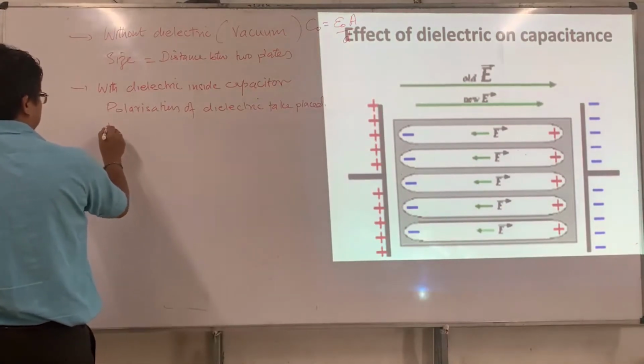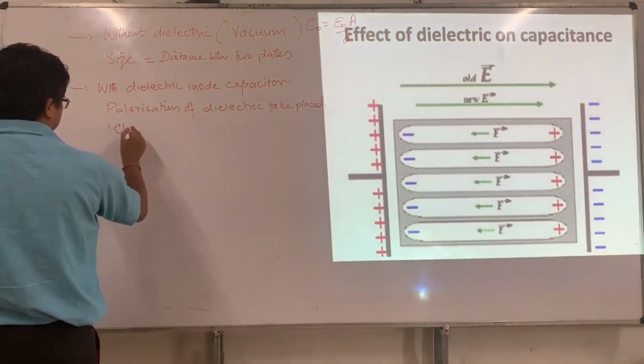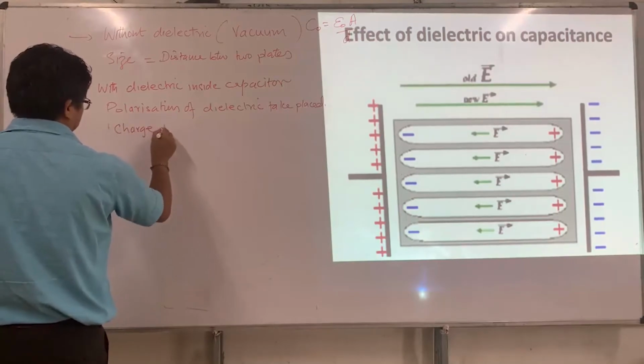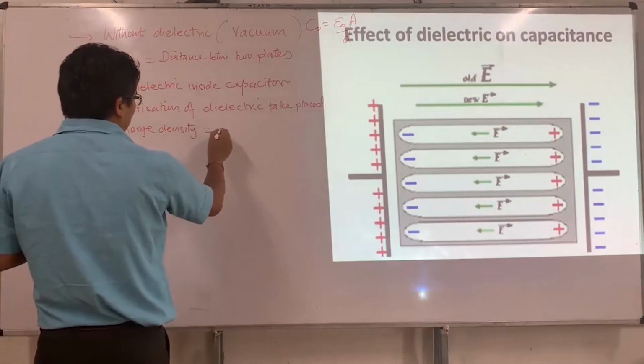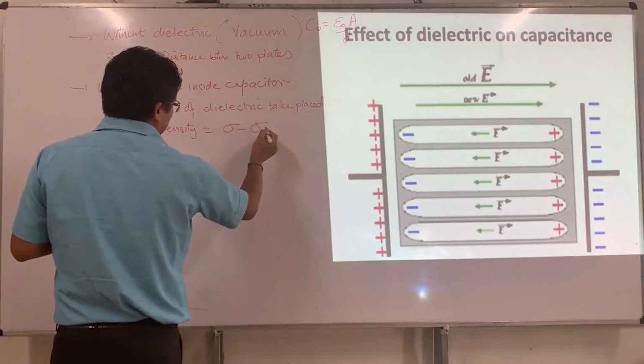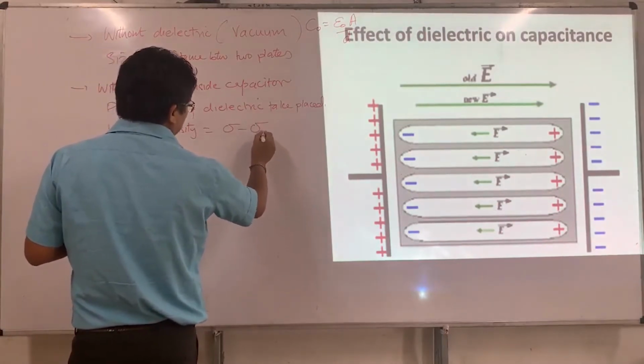the charge density would become sigma minus sigma p.